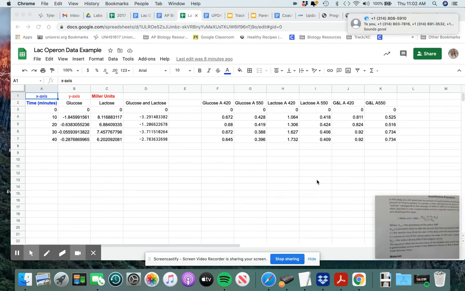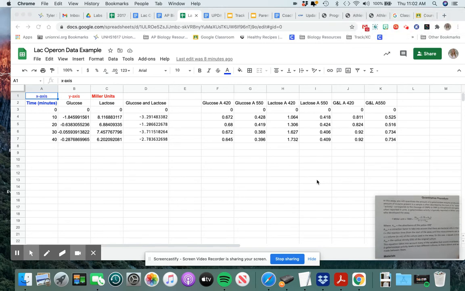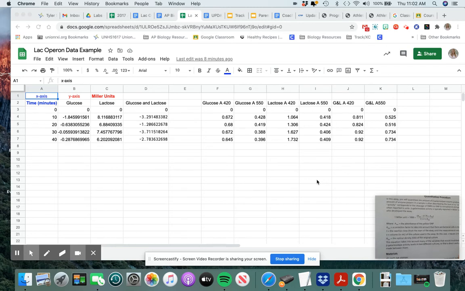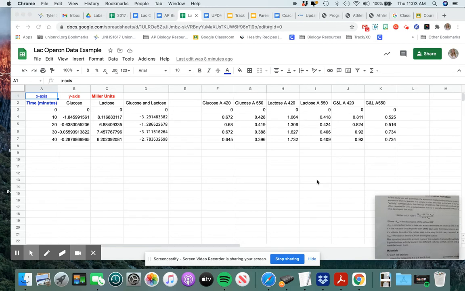Okay, so you have your 1,000 times A420. We did that measurement. Minus 1.75 times A550. We took that measurement. Over time, multiplied by volume, multiplied by A600, which we took that measurement at the very beginning for each tube.